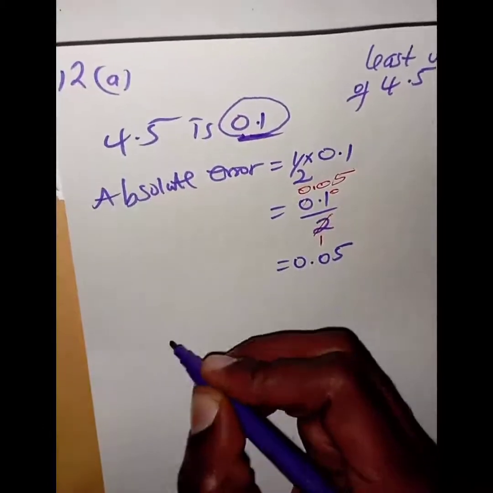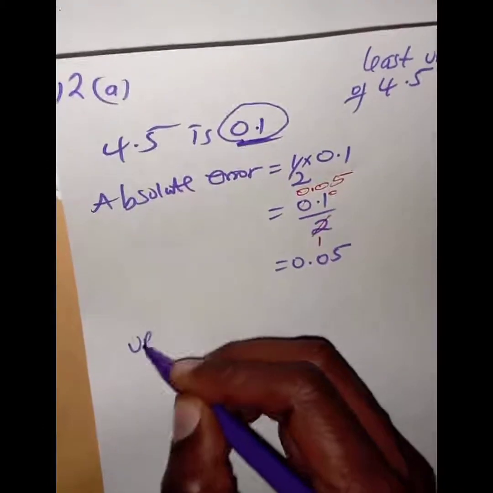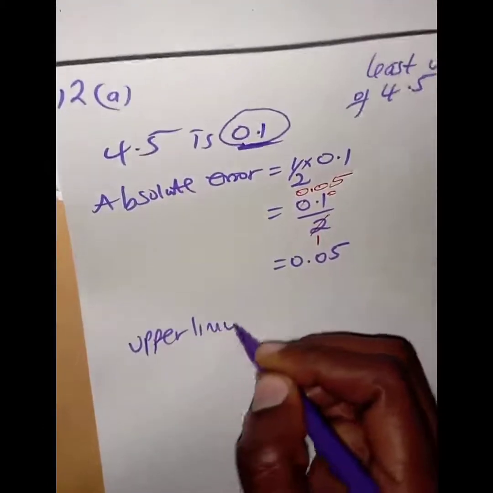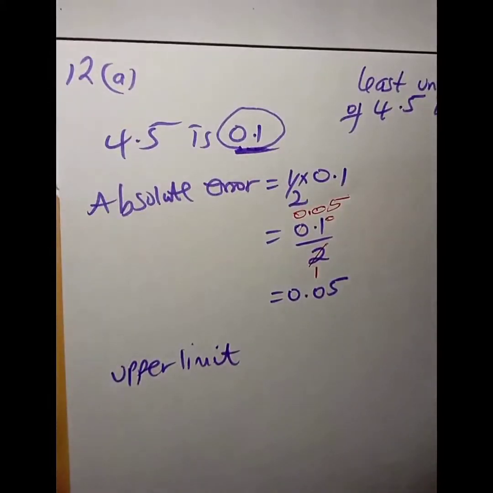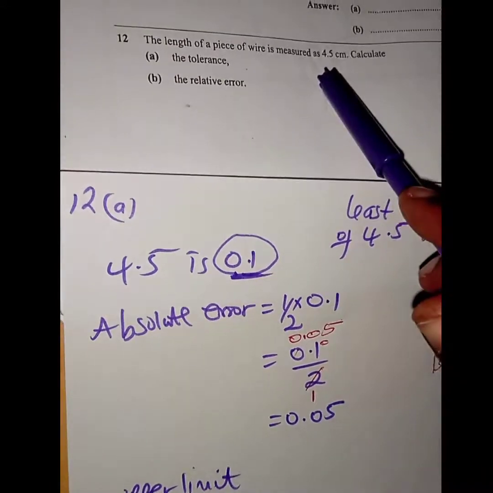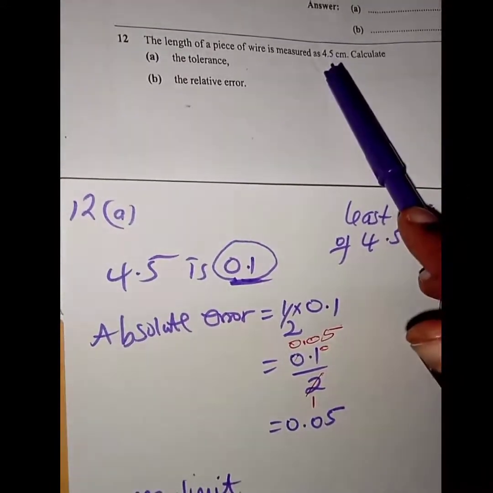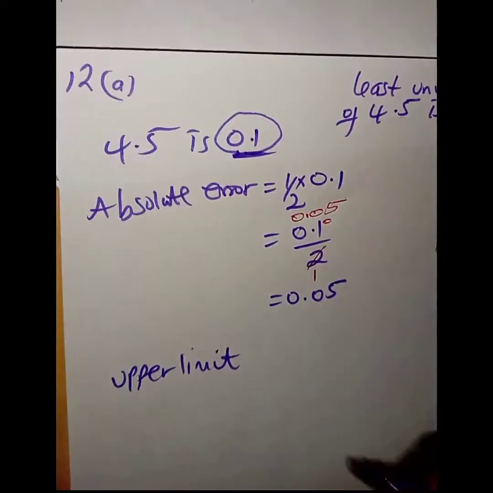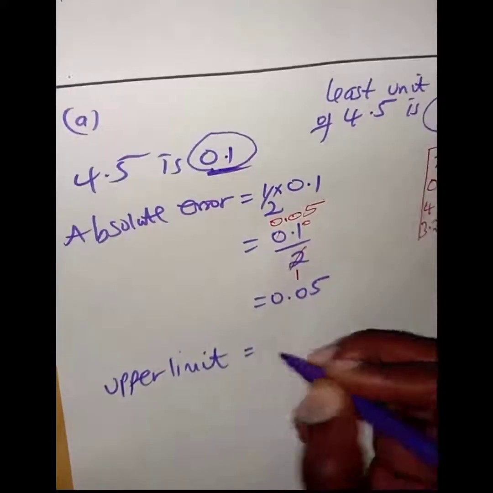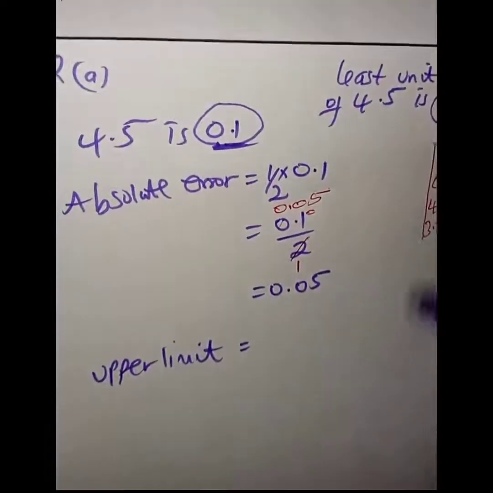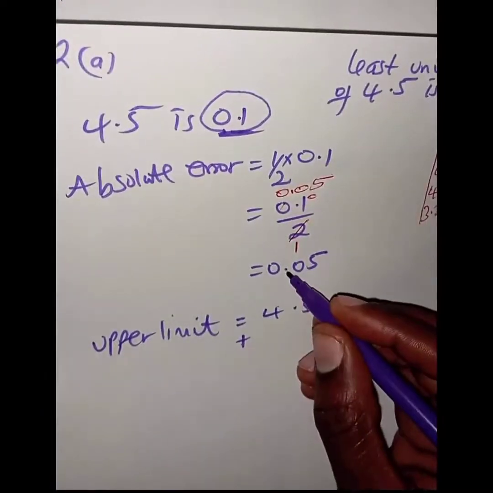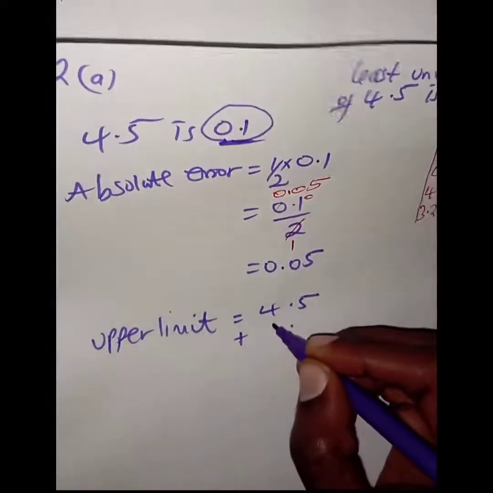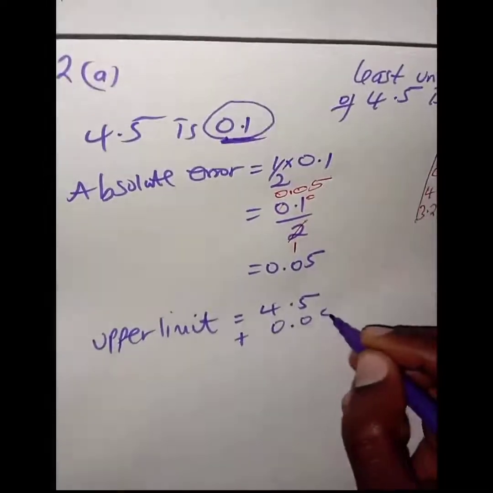So after that, we need to find what we call the upper limit. Upper limit is what you get when you measure something slightly higher than the original measurement, the true measure, which is 4.5 in this case. So for the upper limit, you're going to add the 4.5, which is the true measure, plus the absolute error, 0.05.